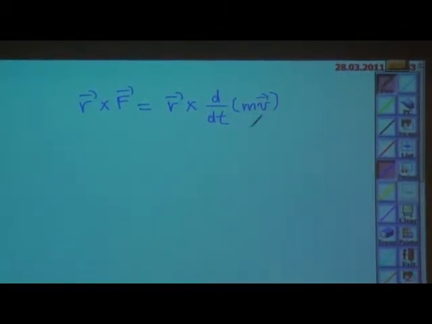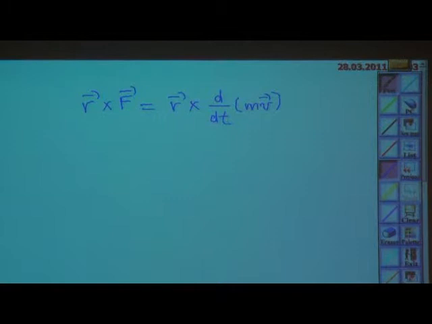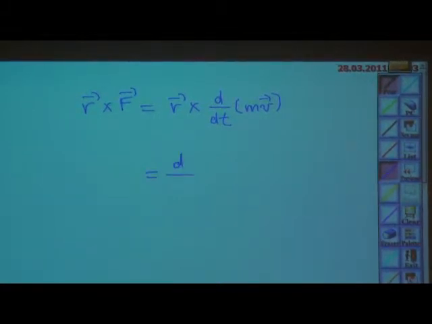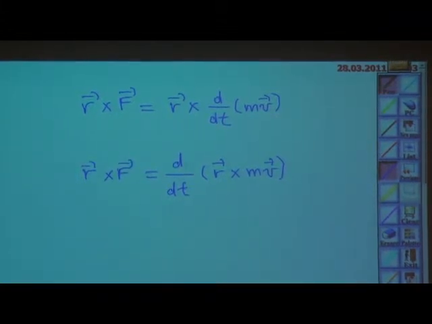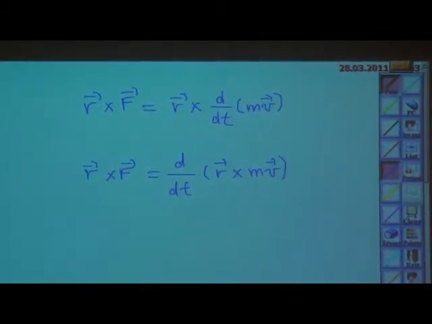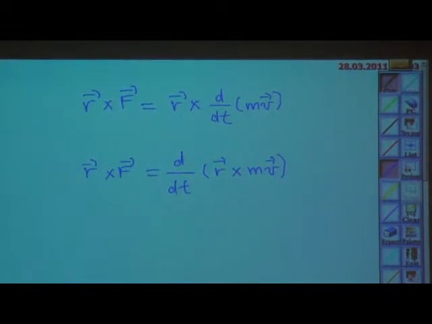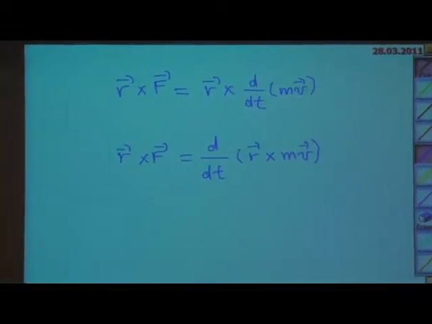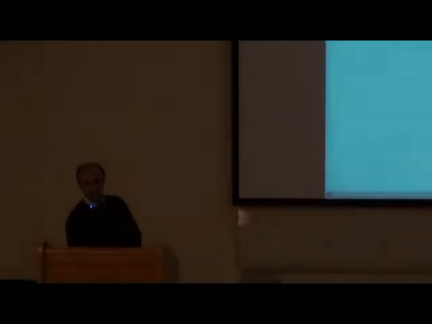And since what you see here on the right-hand side is the same as d by dt of R cross m times v, why don't we just replace it and obtain that R cross F is simply the time derivative of a cross product between the position vector and the momentum.